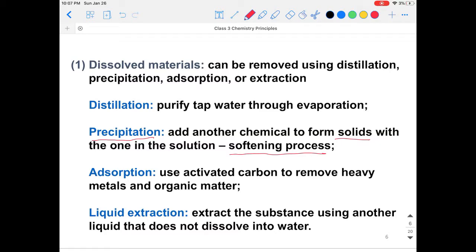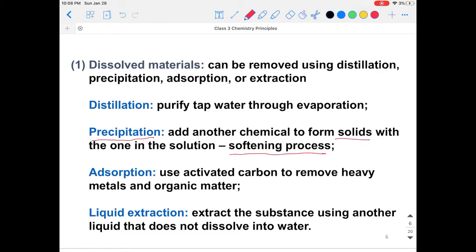So adsorption means that we can add in extra solids. For example, people can add in sand into water because sand can have a relatively larger surface area, and this surface area can absorb other species from the water. So basically, we can also use the activated carbon, and that can remove the heavy metals or organic matter.